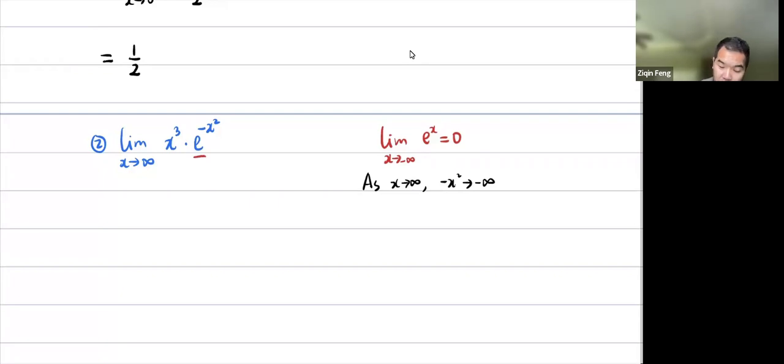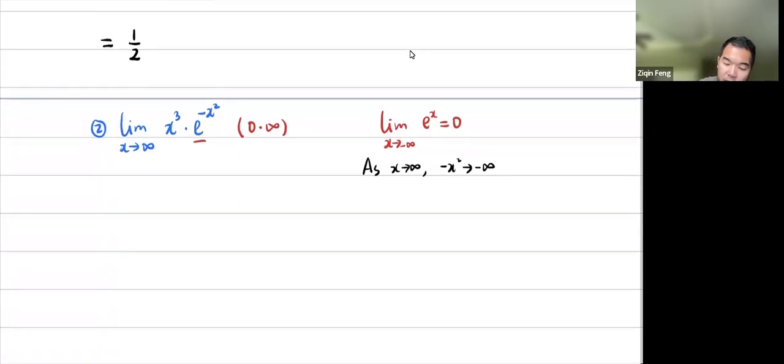And the first factor goes to infinity. So this is basically 0 times infinity, right? That's an indeterminate form. So how do we handle that? We need to change it to a quotient by moving some term to the denominator.